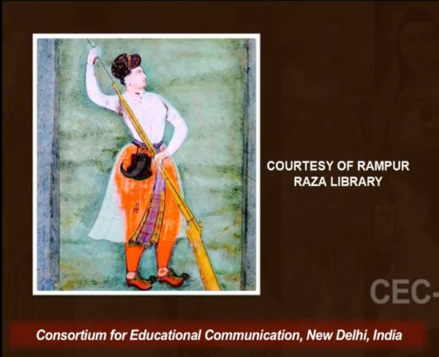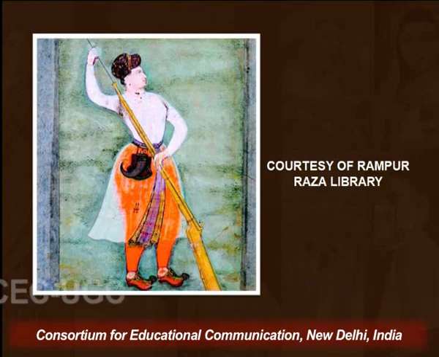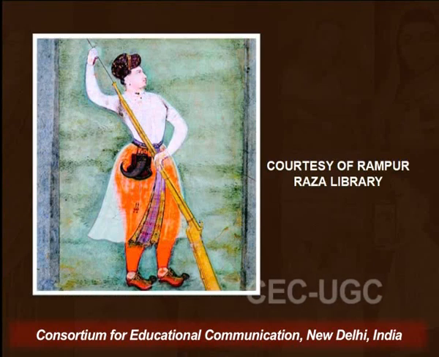As you can see, in this visual representation of Nur Jahan, the kind of dress she is donning, you can see a similar kind of dress was being adorned by the emperors or by the Mughal noblemen. So she did not want to appear in her public avatar as only a feminine beauty or only as an empress.